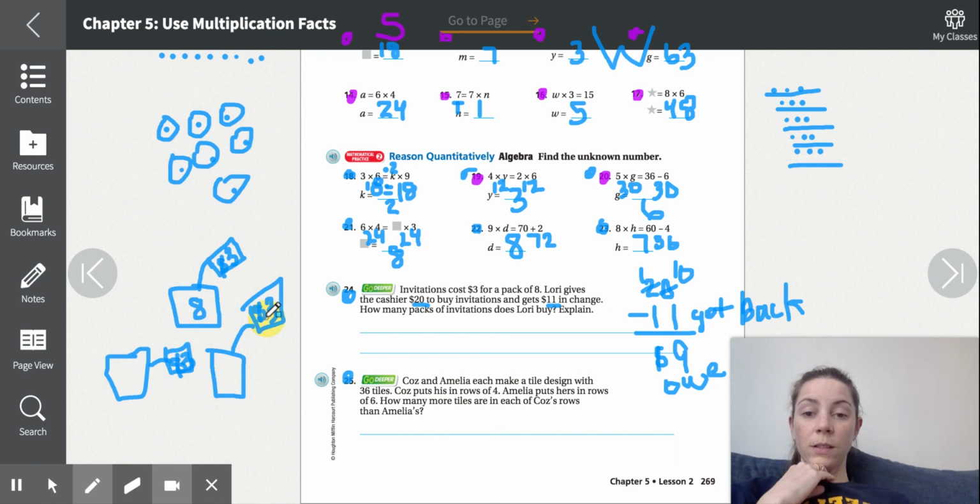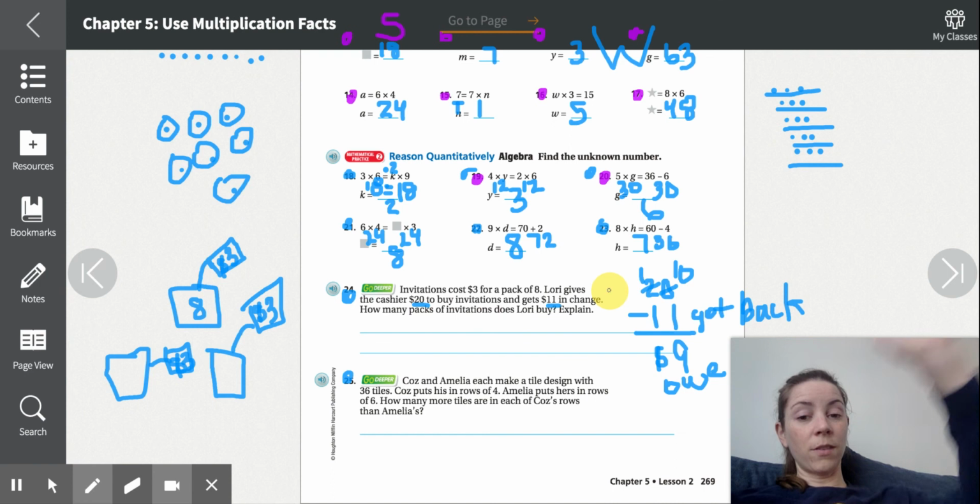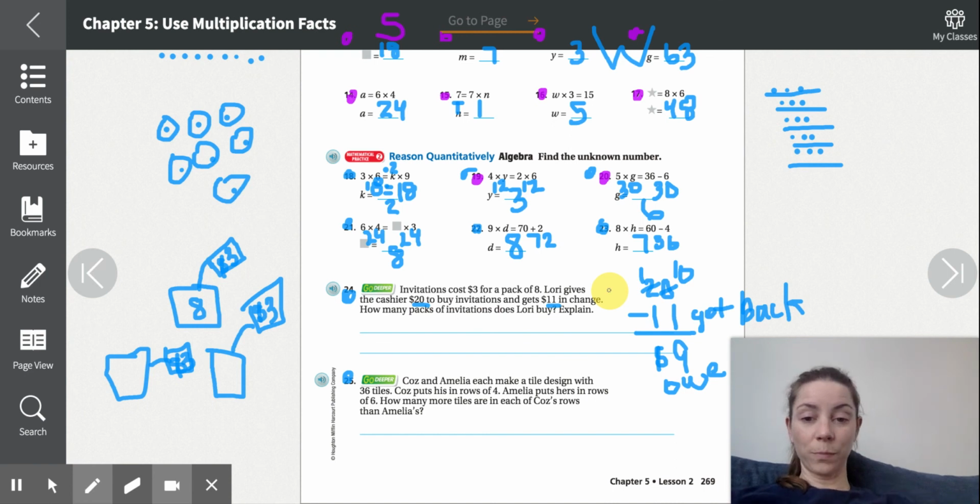So let's see if that works now. Okay, so she bought 3 packs. It's $9. She gives the cashier $20, but the cashier is not supposed to keep 20, right? So she keeps 9 of it. How much is left to give back to Lori? 11. Now let's see what the question says. How many packs of invitations? So how many packs did she buy? 3 packs.